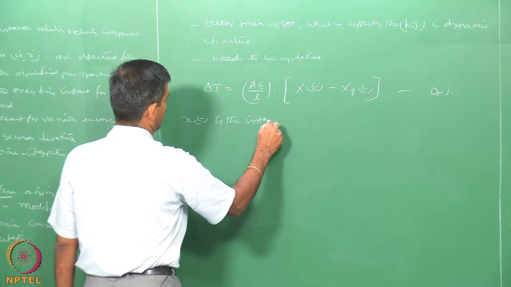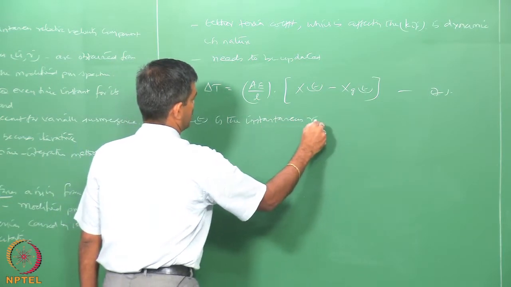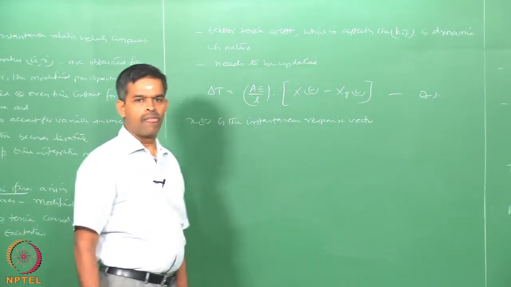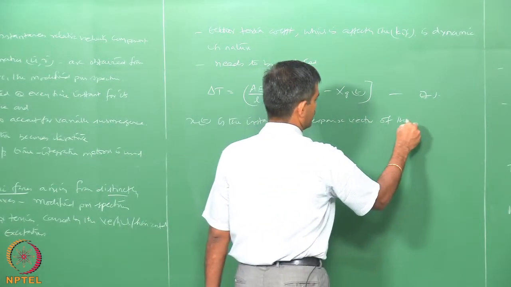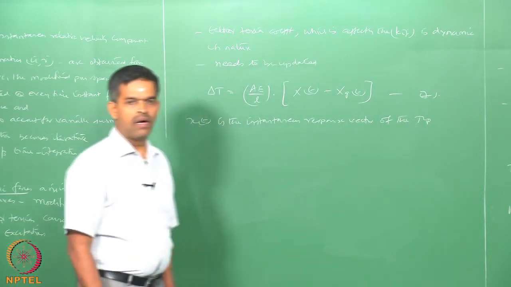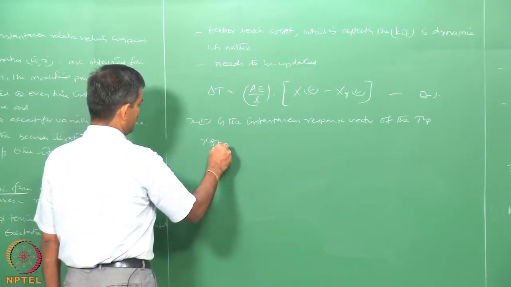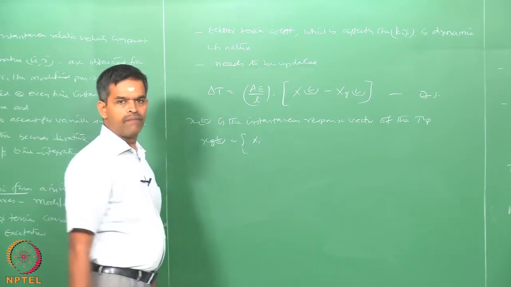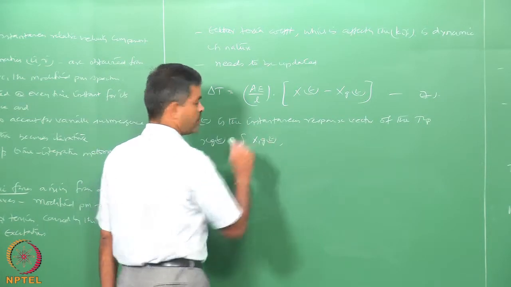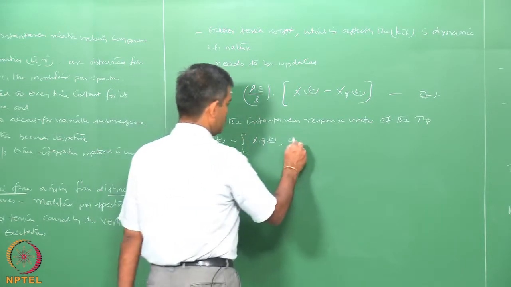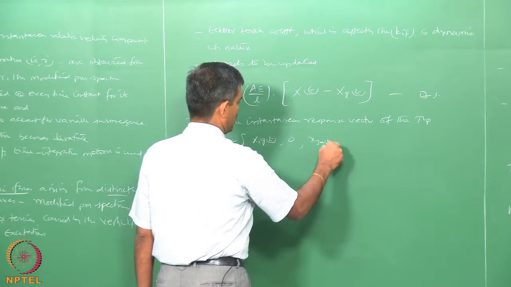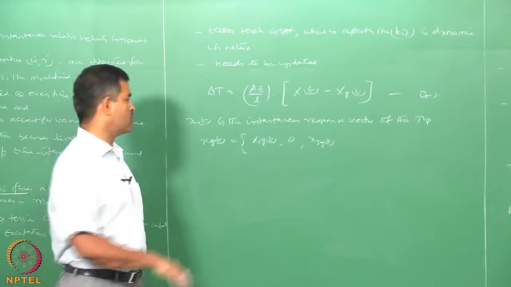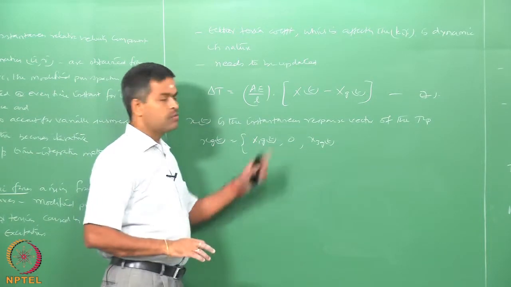where x of t is the instantaneous response vector of the TLP and x g of t is actually x1g of t, 0, x3g of t, and so on. I am looking only at the horizontal and vertical seismic excitation. We assume that the horizontal excitation happens only in surge, in sway it is not there.